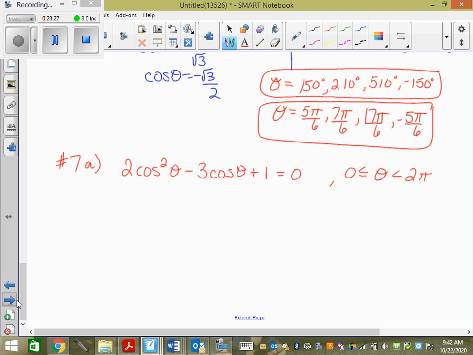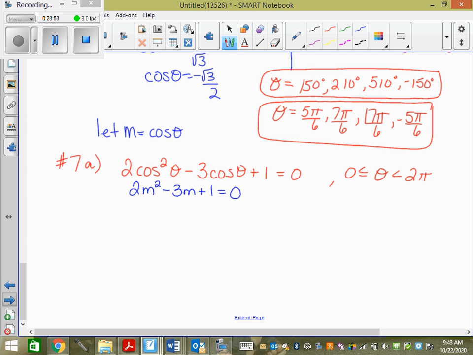So our first thing we can do is not overwhelm ourselves and make cos theta equal to m, right? Let m equal cos theta. So I'm going to go 2m squared minus 3m plus 1 equals 0. Now we're back to grade 11. Grade 10 factoring, grade 11 solving, right?